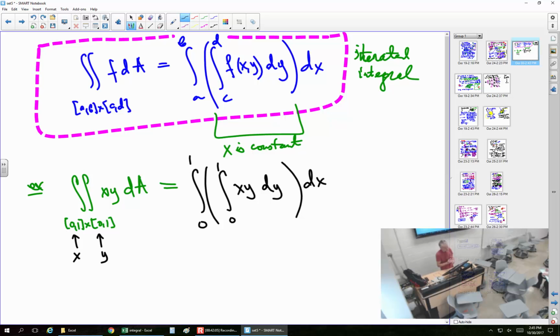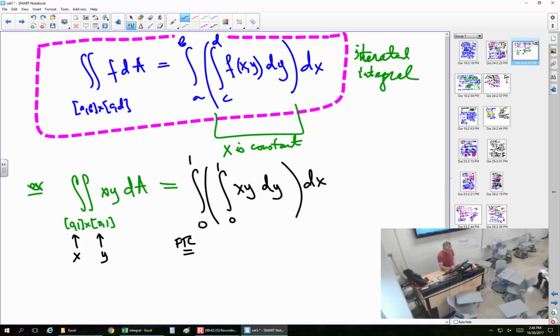Well, once you see this, with just a little bit of experience of partial differentiation, now we are doing partial integration, and we are indirectly applying the fundamental theorem of calculus, right? So computing those two Riemann integrals, with respect to y and then x, through anti-differentiation.